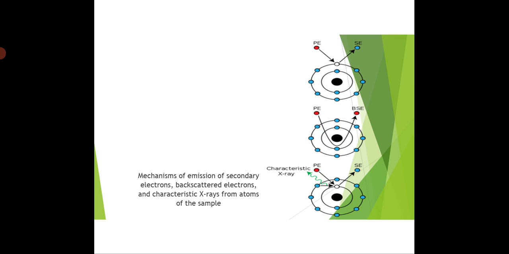These electrons are ejected from deep inside the atom of the sample. Sometimes the primary electron hits an inner electron and ejects it, and the empty space is filled by an outer electron. When the outer electron fills the empty space inside the shell, it releases its energy in the form of X-rays.